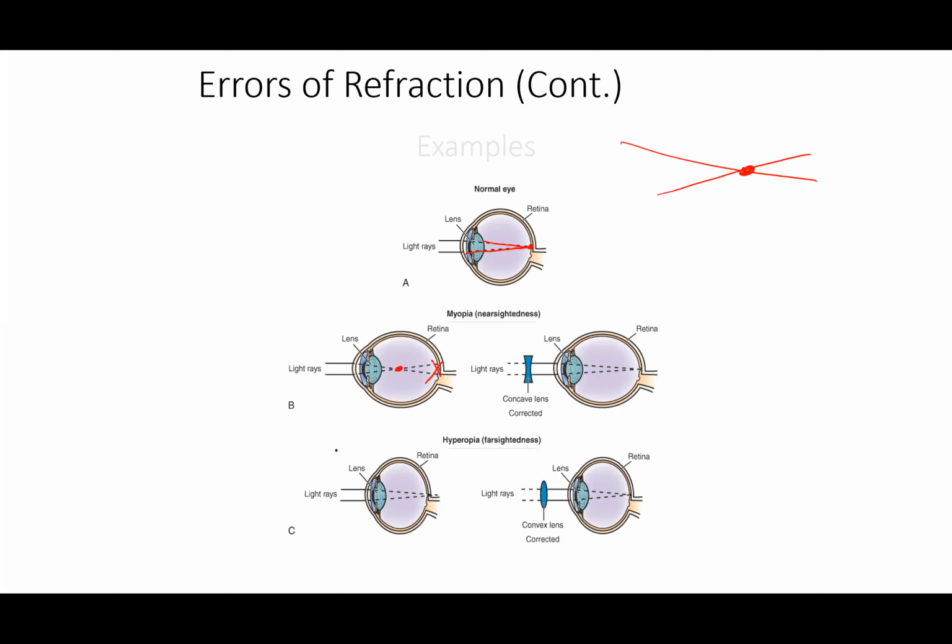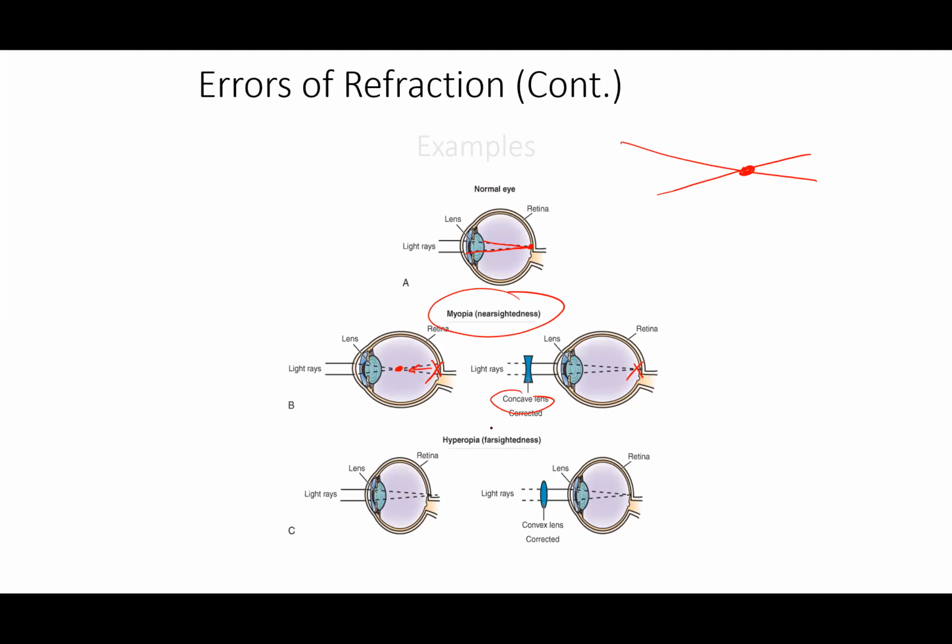It should have been there, but it landed too far in front of it. Okay, this would create nearsightedness or myopia. And then they would get a concave lens to bend the light to accurately allow that to land correctly on the back of the retina. Okay, so that's why they flip those different strength lenses in front of you until they get the right thickness, the right bend. Okay, and then that would be your prescription.